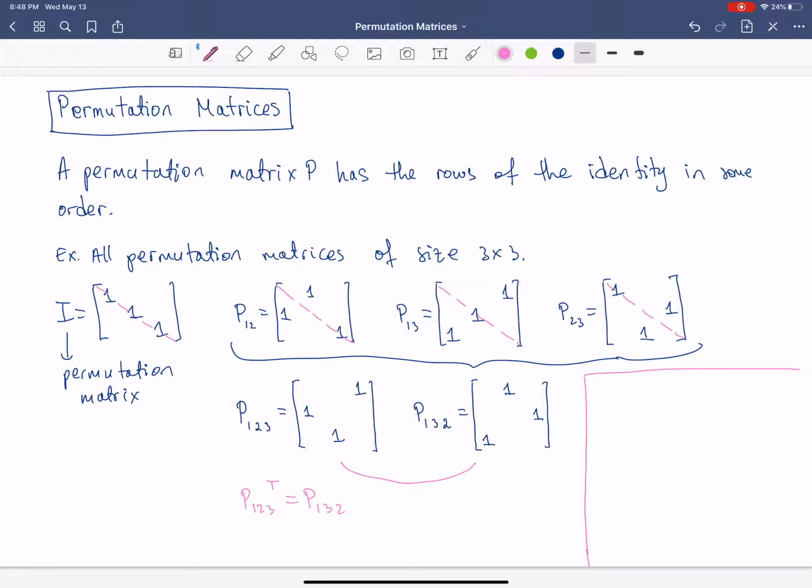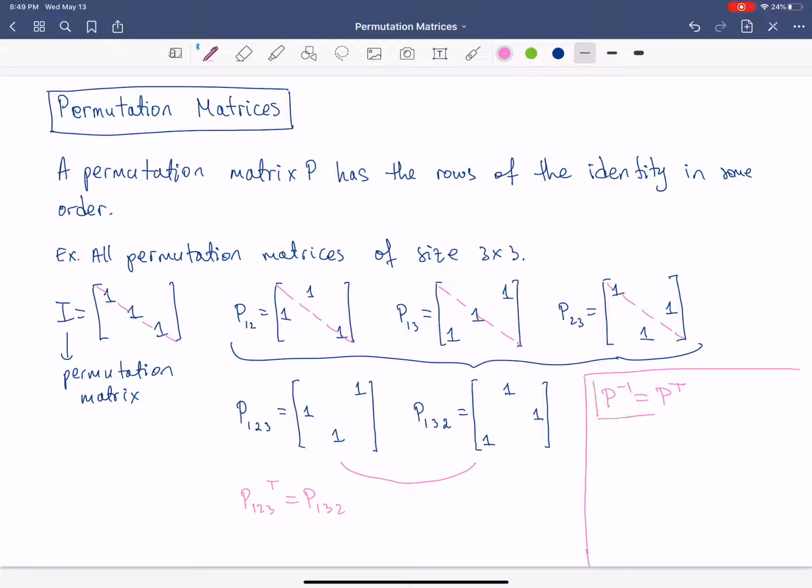Since all permutation matrices of size 3 by 3 are listed here, the inverses also have to be here. And the interesting property of permutation matrices is that their inverses are in fact their transpose.